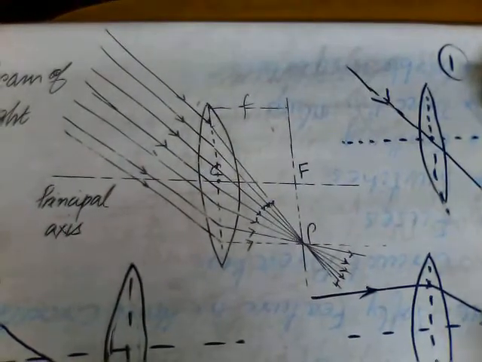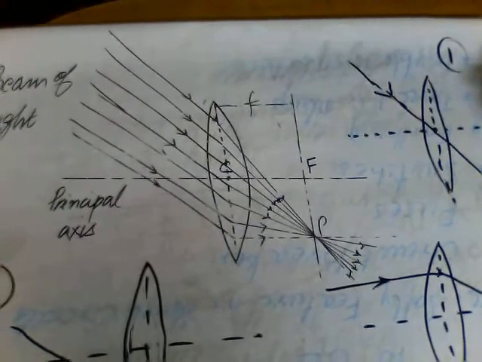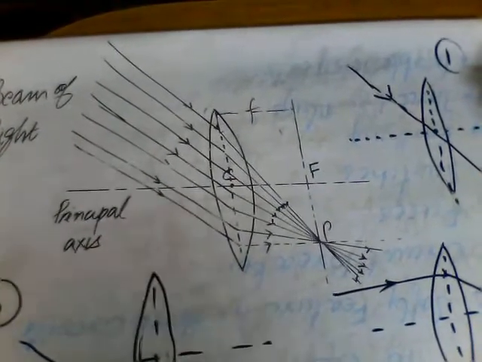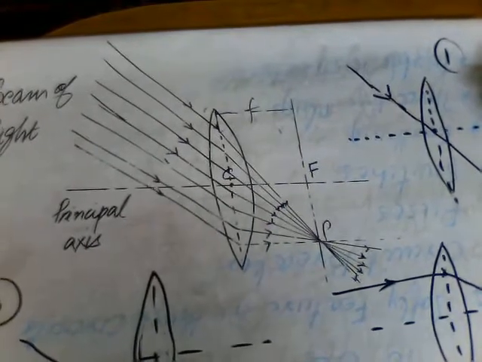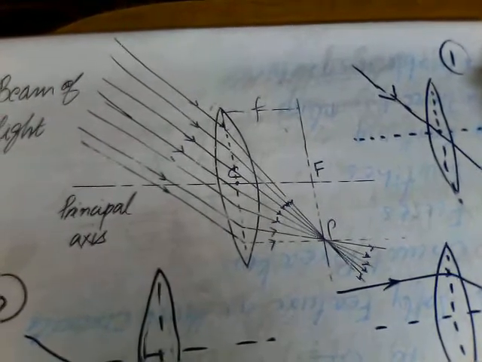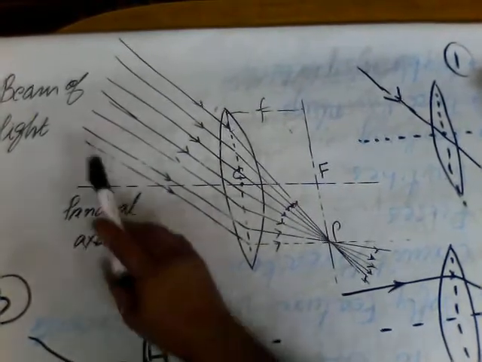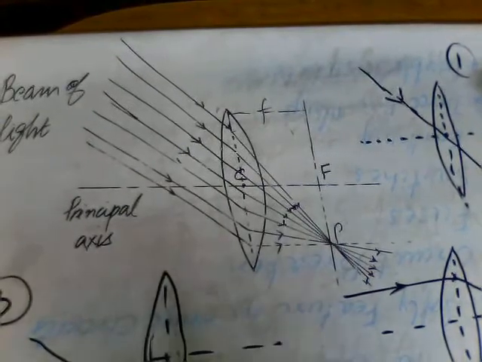Here in this figure, a beam of light enters and refracts from the converging lens at some angle other than 90.